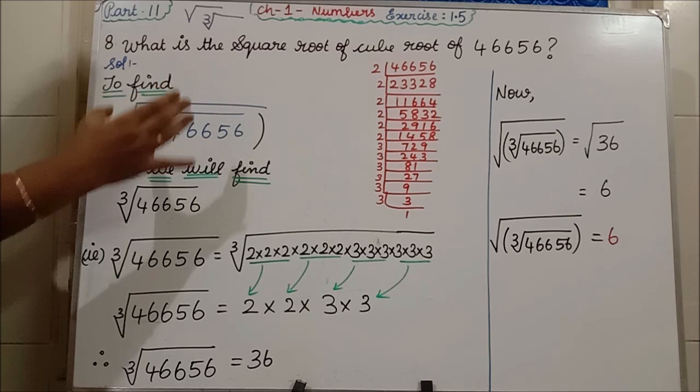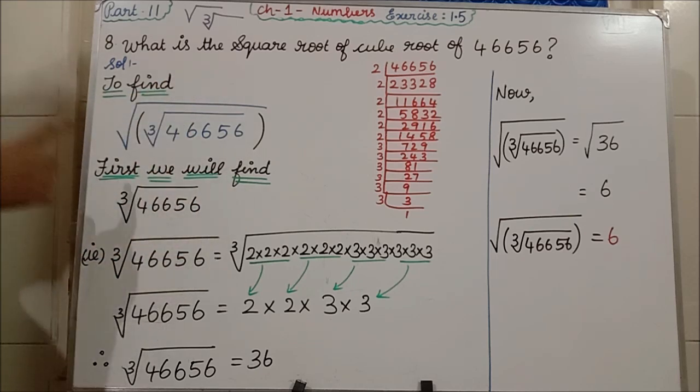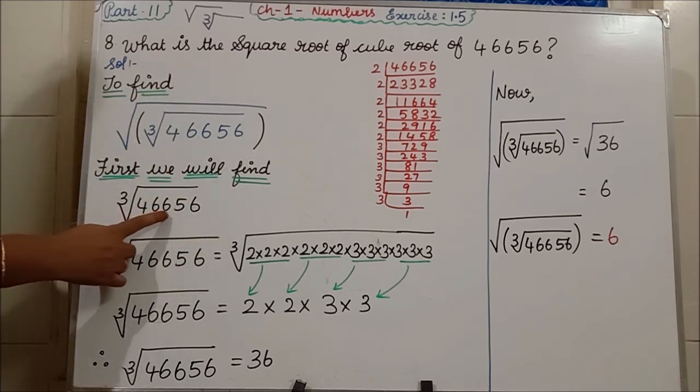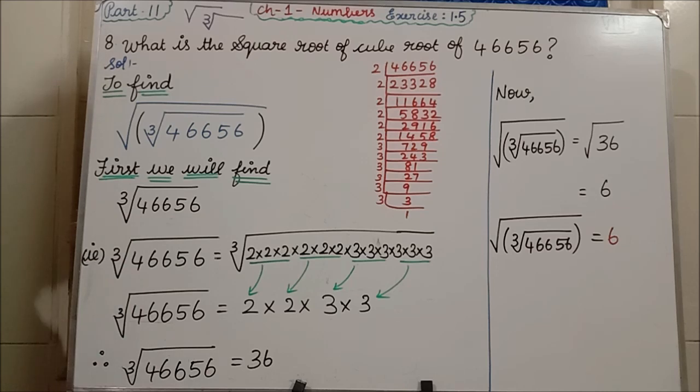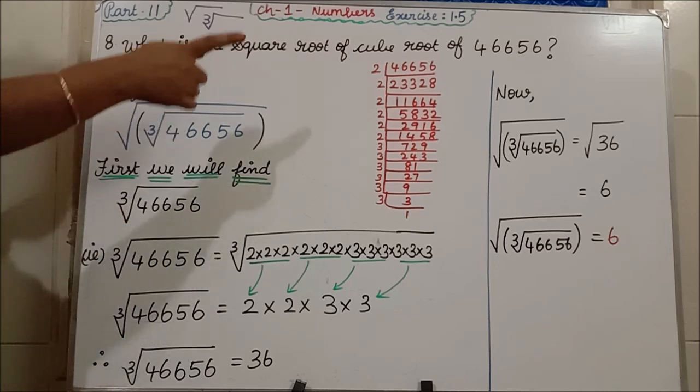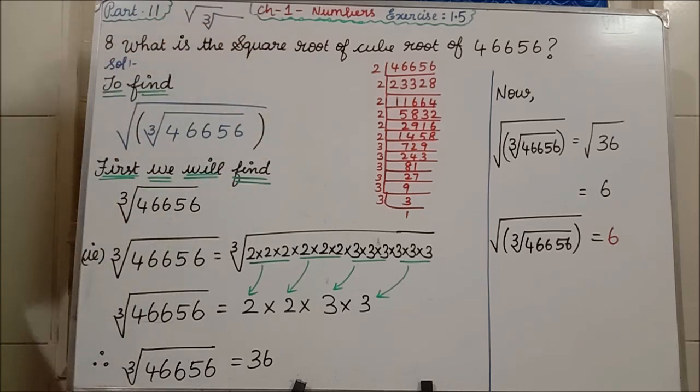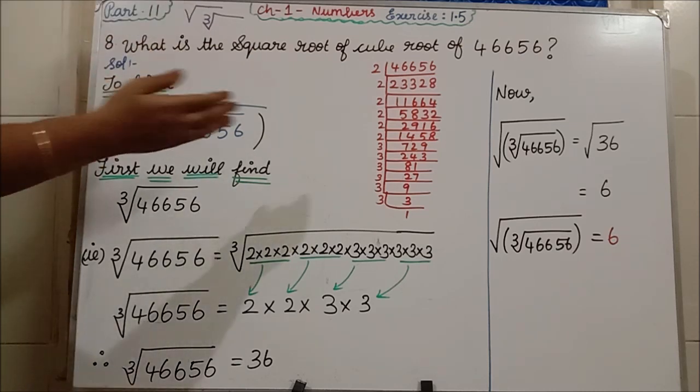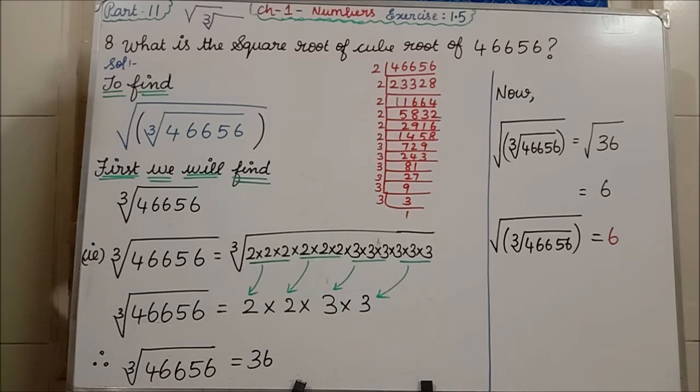First we will find the inside the bracket value. The cube root value we are going to find first. See, cube root of 46,656 we are going to find. See, I have done here the factors for 46,656. This is a normal simple factorization only. You can do it by yourself. If you look at it, you can understand this.